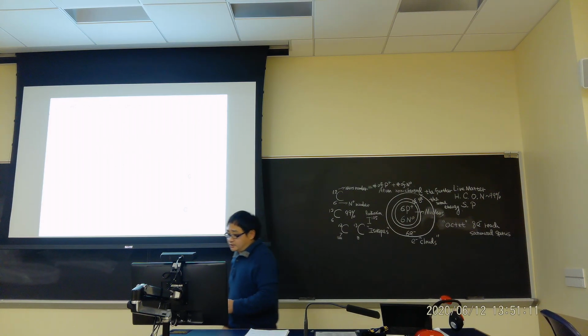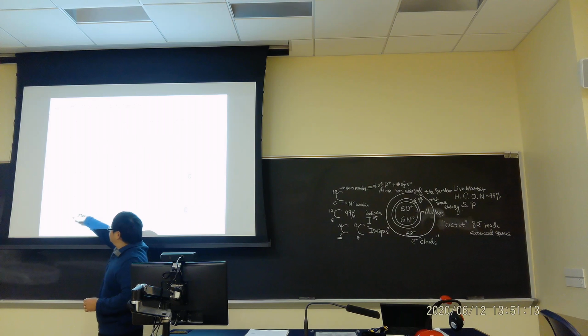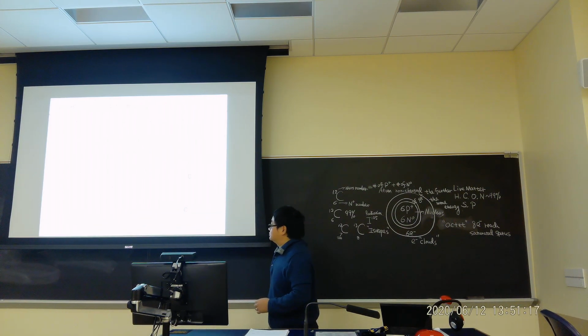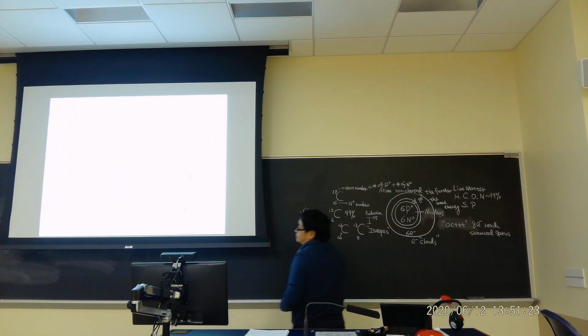Now here comes another thing, called valence electrons. To give you an example, I'll still use carbon. The valence electrons are important. This is called the Lewis structure.